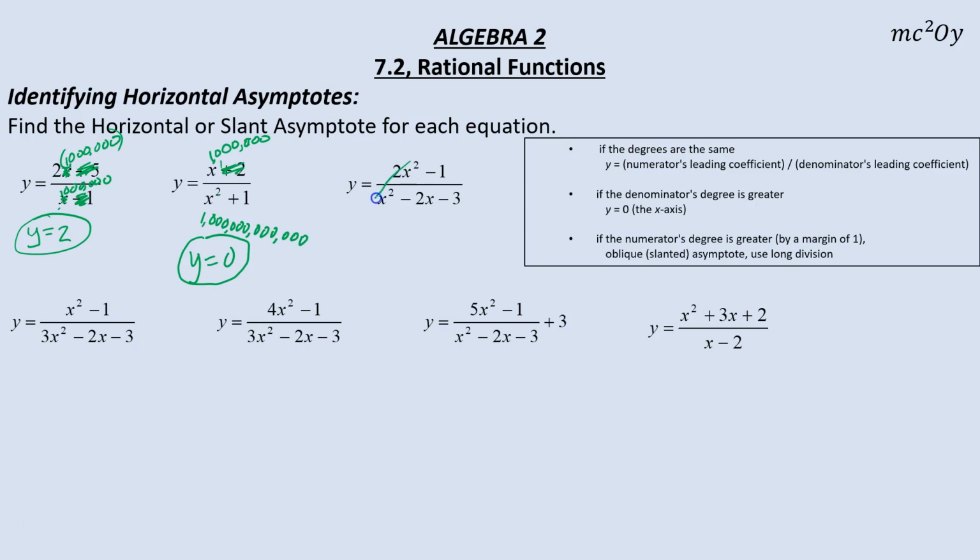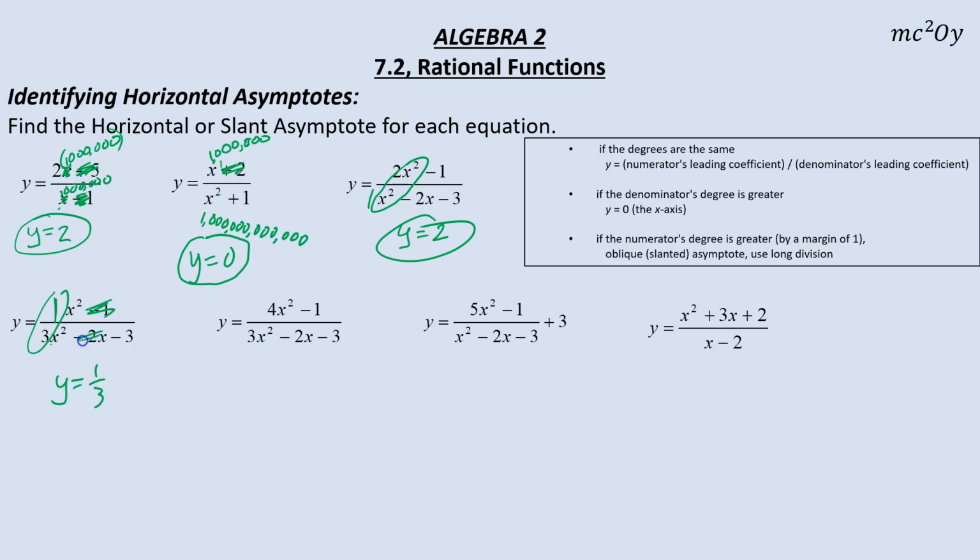Comparing my degrees, the same degree, I have 2 over 1, so y equals 2 over 1, which is 2. This next one, degrees are the same, so I compare it, 1 over 3 is y equals 1/3.